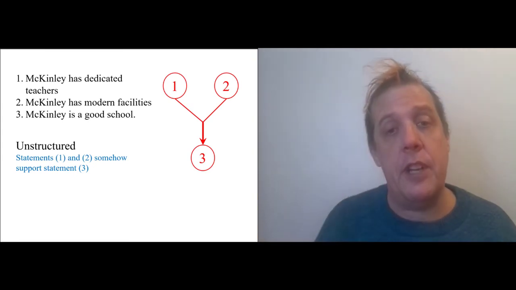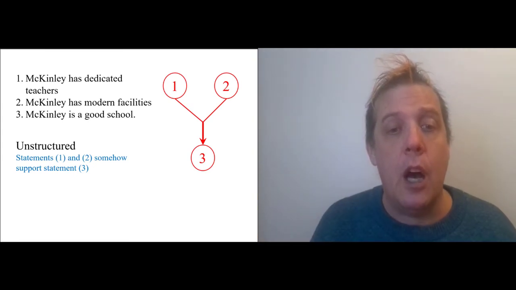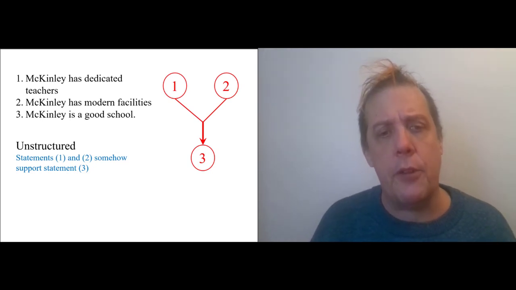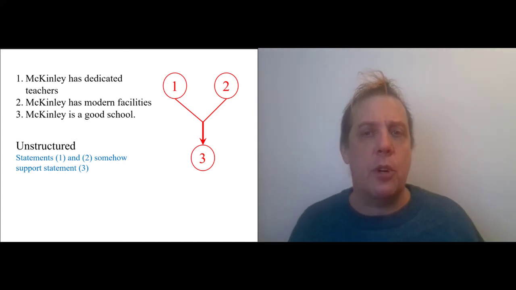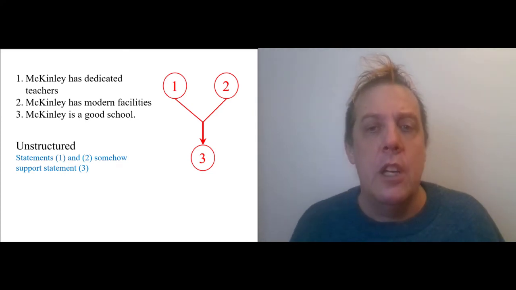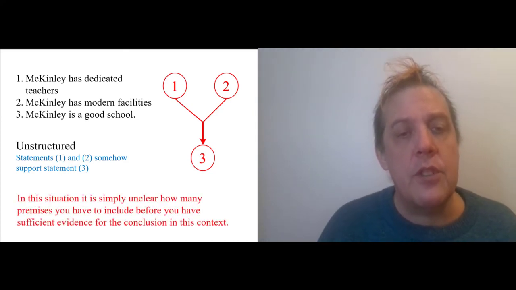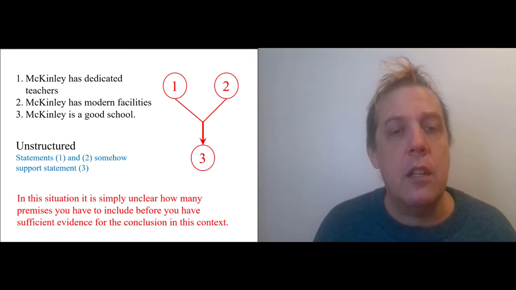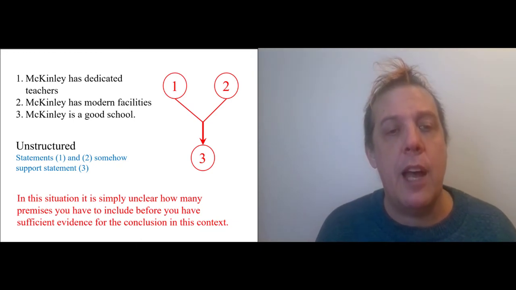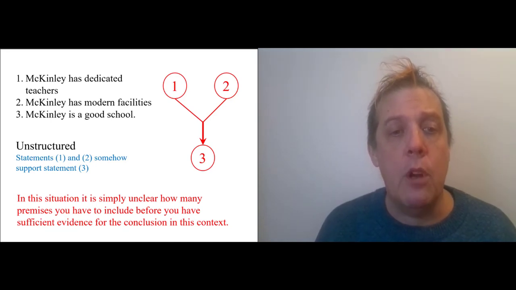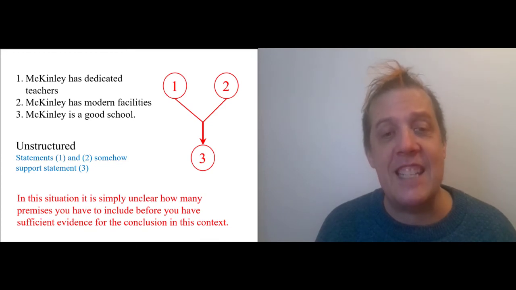This was an innovation introduced by my colleague Cahill Woods, who also was a co-author for some of the portions of the textbook that we're using. So with unstructured reasoning, it's simply unclear how many premises you have to include before you have sufficient reason to believe the conclusion in this context.